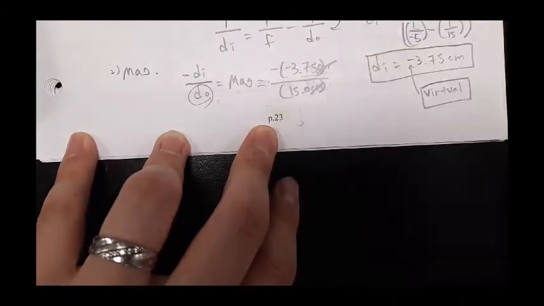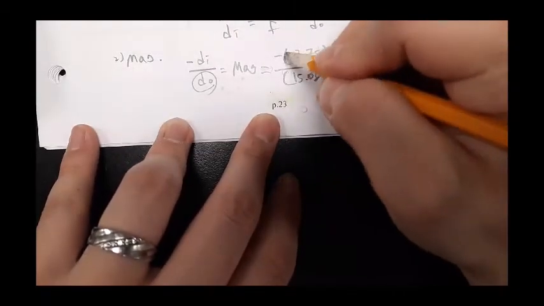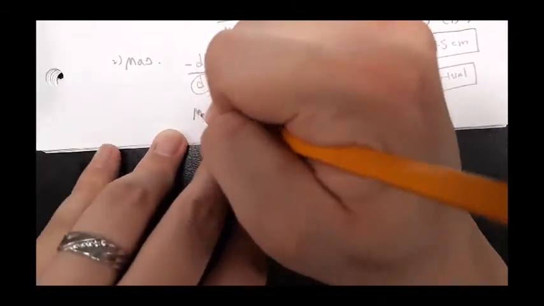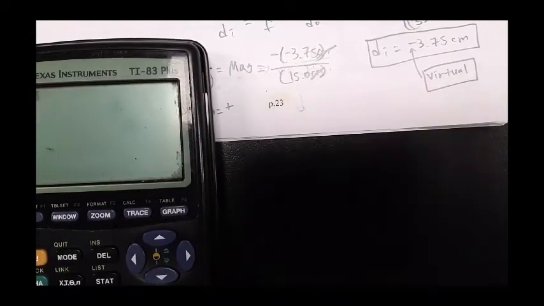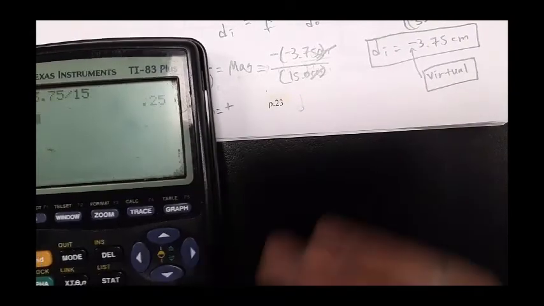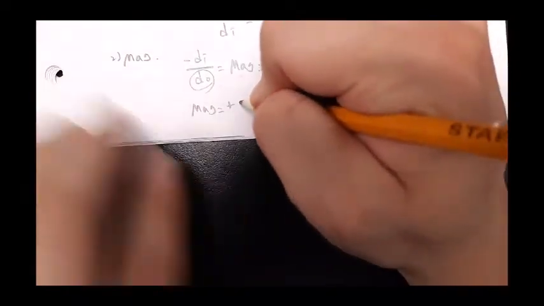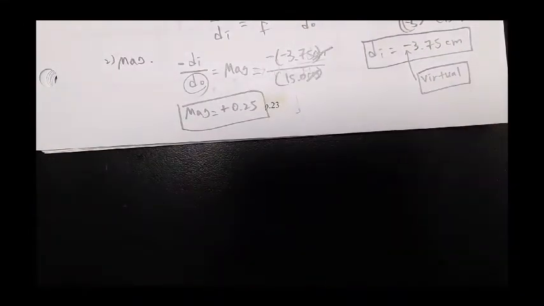You may notice that centimeter cancels each other. Negative and negative turning into positive. So my magnification is positive, and I can easily say 3.75 divided by 15 gave me 0.25. Now, what does that tell you?